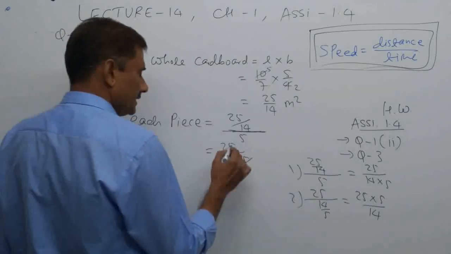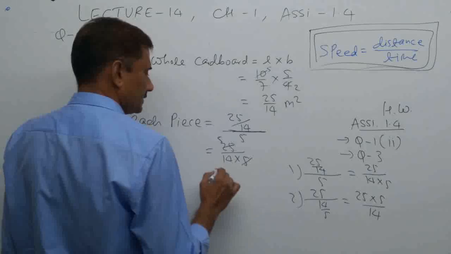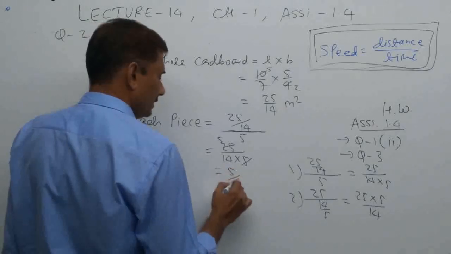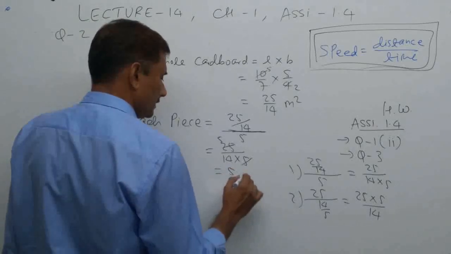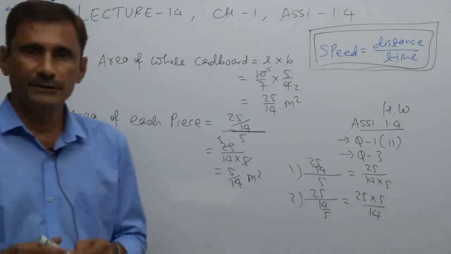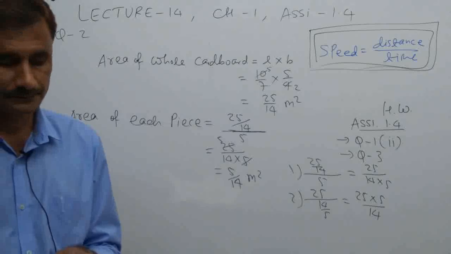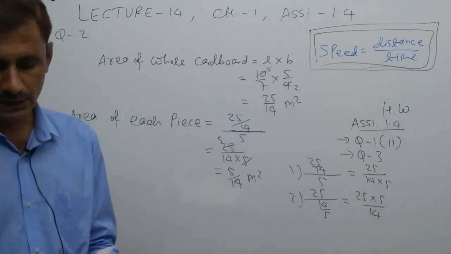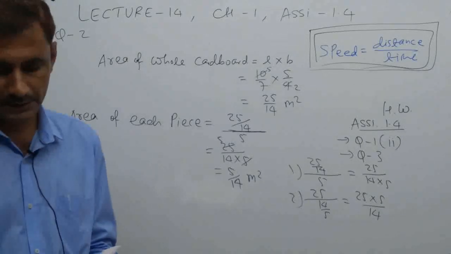So 5 fives are 25, so it will be 5 by 14 meter square for 1 only. We want for 3, so now you should multiply it by 3.